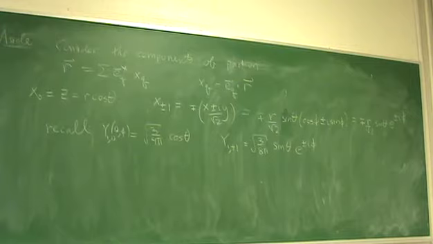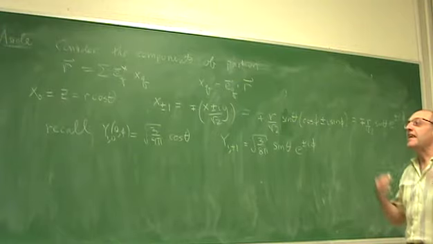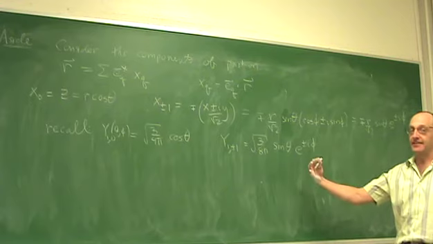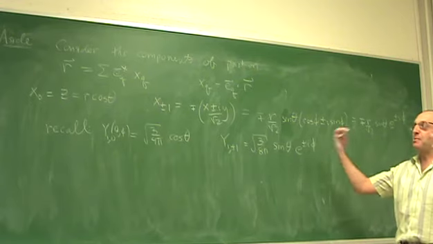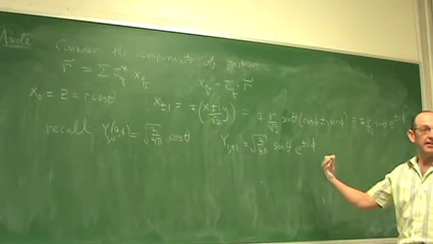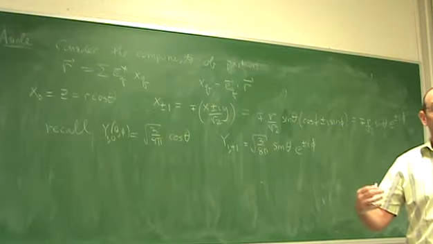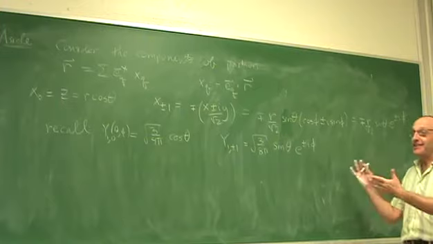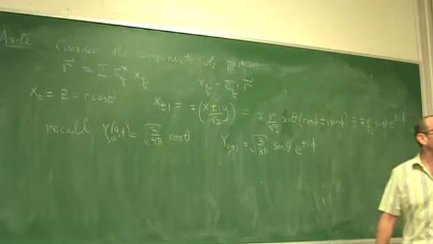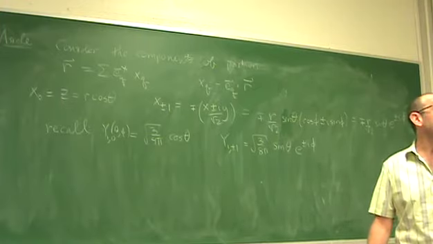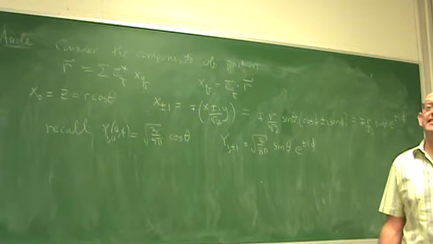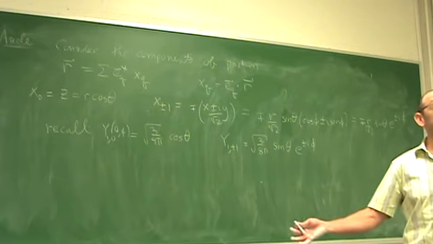So what we see here is that the angular dependence of the components of position with respect to the spherical basis are the angular dependence of the spherical harmonics. Well, that's no surprise. The spherical harmonics were eigenstates of rotation.